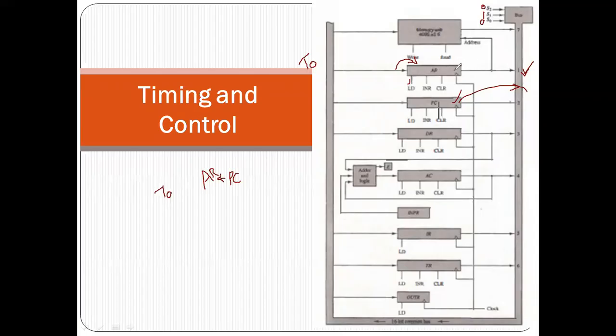Now, whatever the contents of AR are, they are connected to the memory via these lines. The contents at this location will be placed into the IR register. The instruction register should hold the contents of this location, right? So how can that happen?